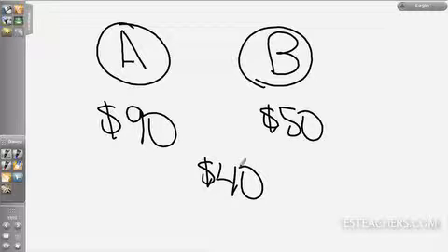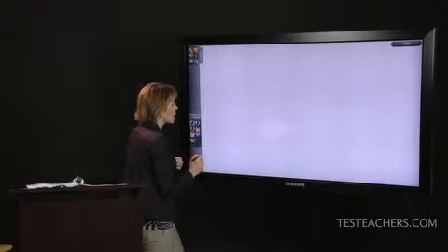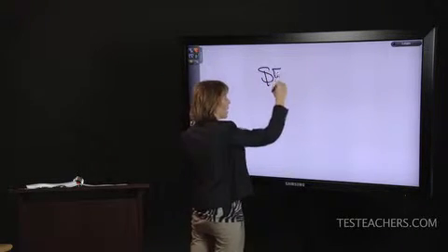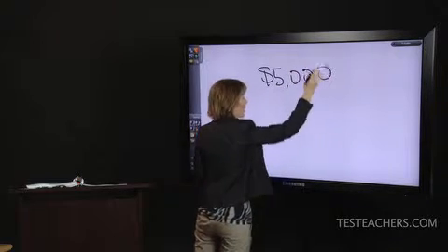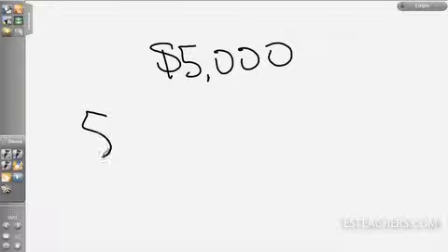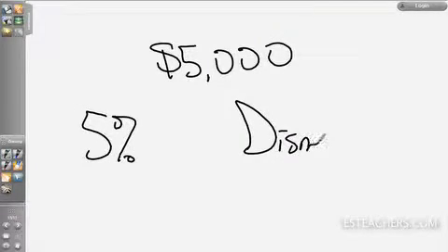So something like that. There's one other way that they could do this opportunity cost question. They could say that you have $5,000 and you have two choices. You could invest the $5,000 and earn 5%, or you could take your family to Disneyland for a week. So you go on vacation.